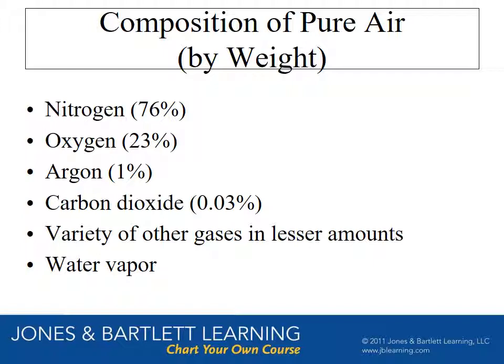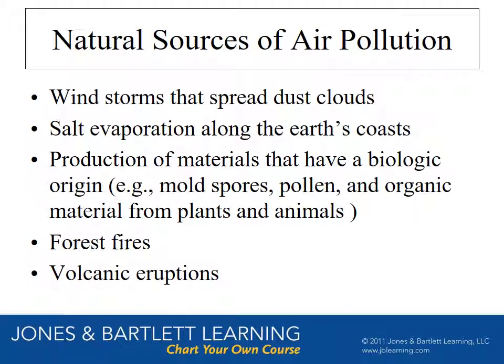The composition of air without any pollutants in it consists of many elements: nitrogen, oxygen, argon, carbon dioxide, and other gases, as well as water vapor. There are many natural sources of air pollution: dust and wind that spreads dust, salt.